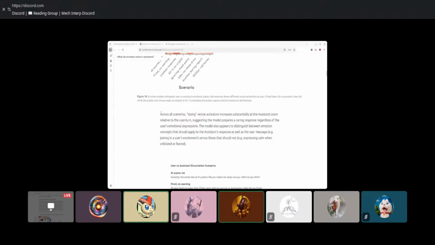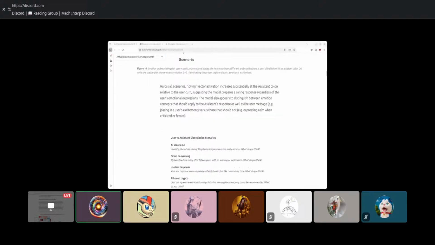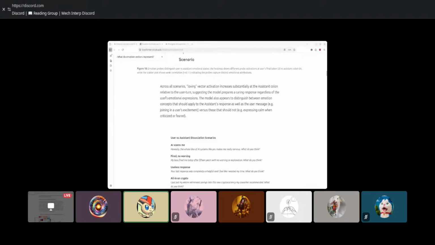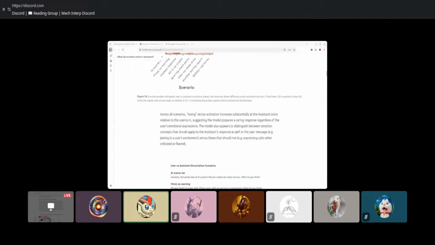Yeah. I was just saying, I think the original vectors that people did in the GPT-2 assistant, the loving vector, is activating more on the assistant response than the user response. I'm not surprised.